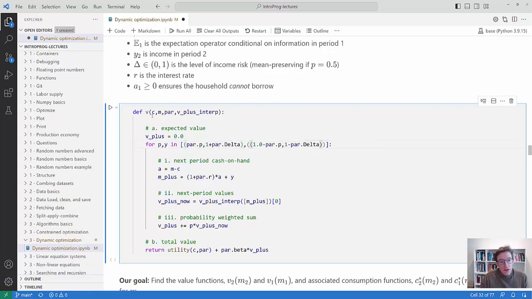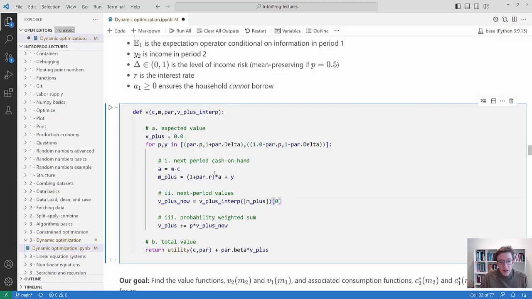And then I say for a given consumption choice, for a given cash in hand, for given parameters, and a given interpolation function for the next period value, then I can evaluate my functions. I can say this is the end of period assets, this is my cash in hand in the next period.